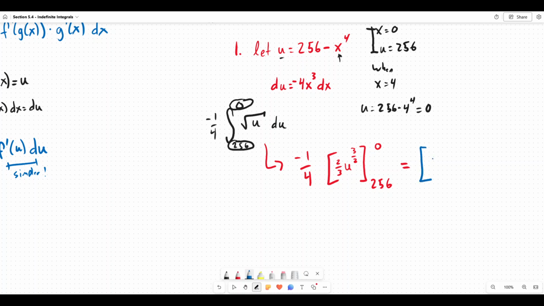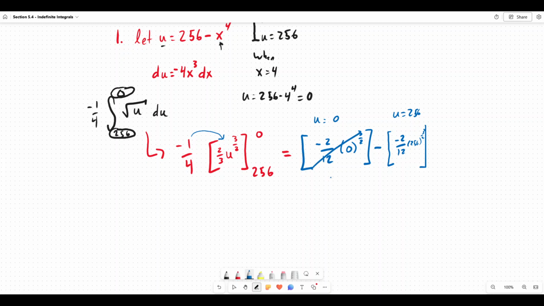So first we're going to plug in u equals 0, and that's going to be negative 2/12, I'm just bringing this thing inside, times 0 to the 3/2, minus, when u is 256, negative 2/12, 256 to the 3/2.